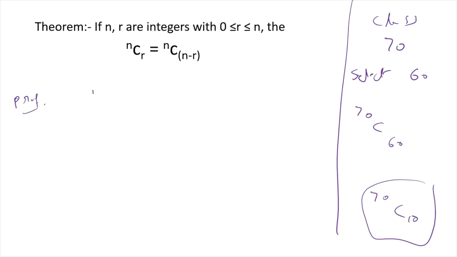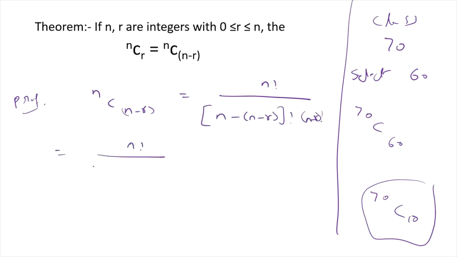So n choose n minus R is equal to n factorial upon n minus of n minus R factorial times n minus R factorial, which is equal to n factorial upon R factorial times n minus R factorial.